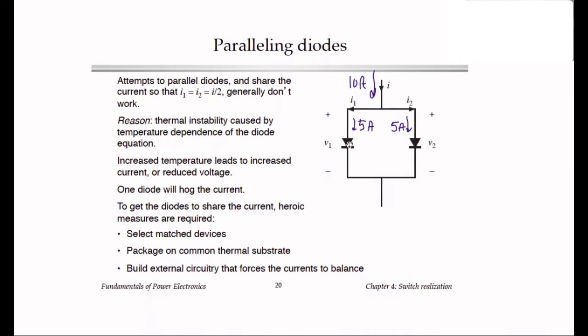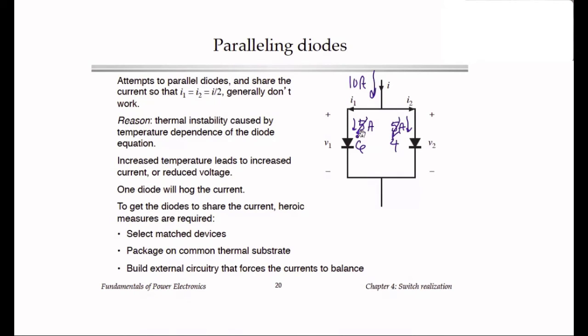Say that this diode on our left, diode 1, runs a little hotter than diode 2. That makes it take more current. So instead of 5 amps, it might take 6 amps, and then diode 2 will take 4 amps.